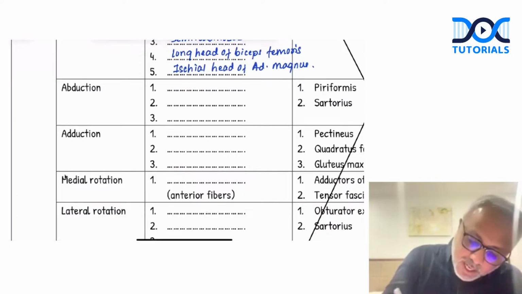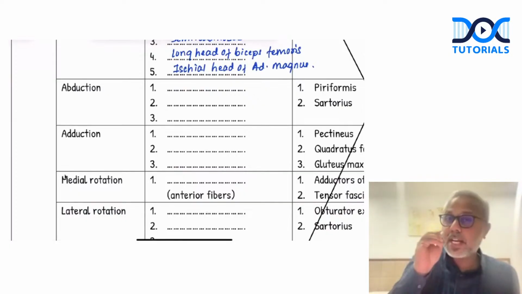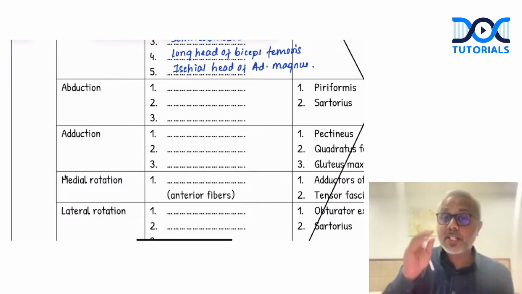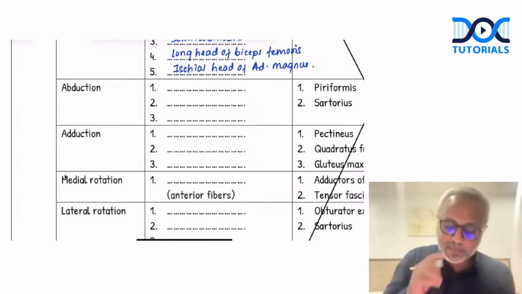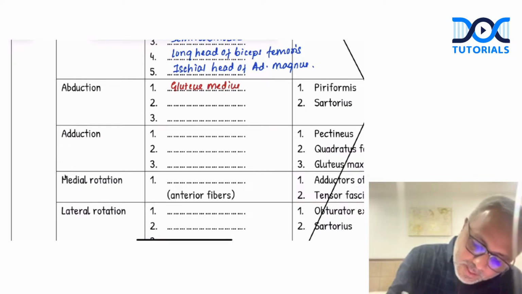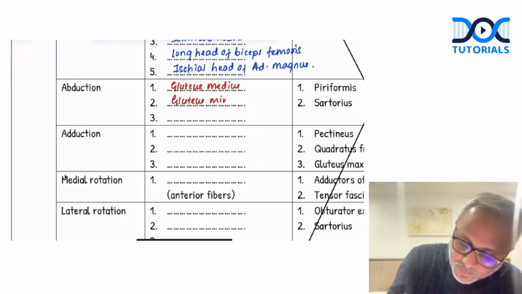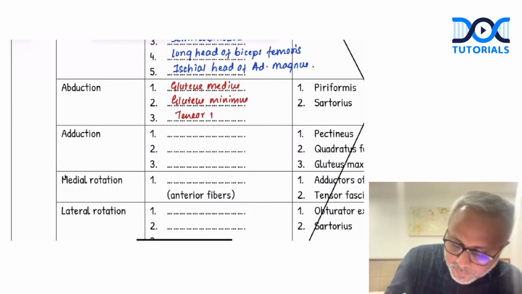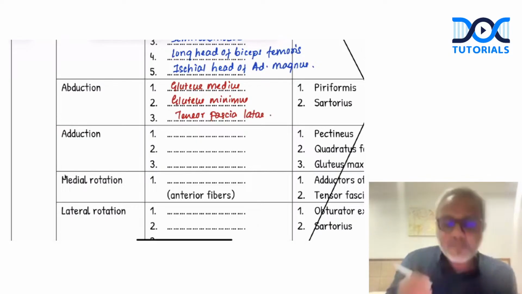Remember, abduction is one action for which the examiner will directly look whether you have written it correctly or not. So you must never miss this. The muscles include gluteus medius, then gluteus minimus, and the tensor fascia lata.